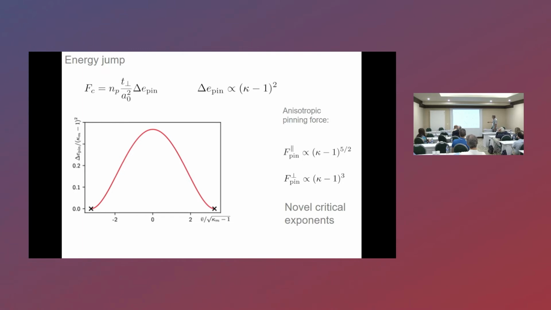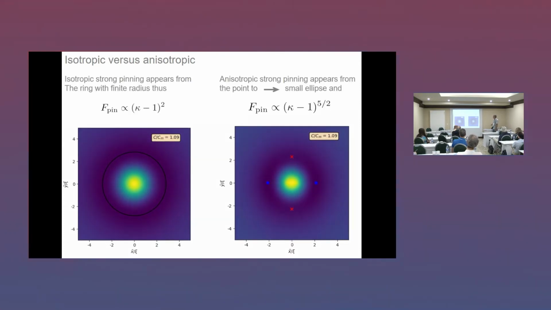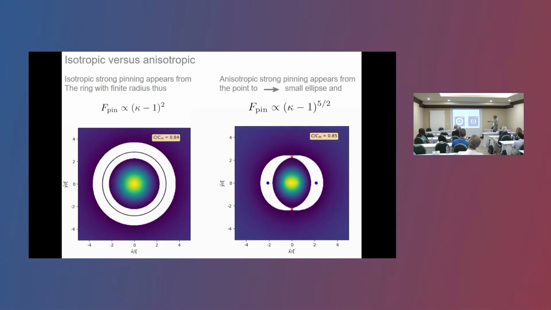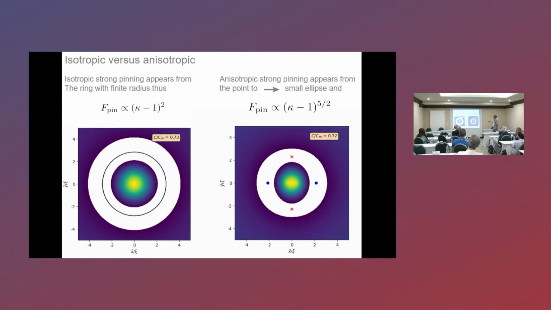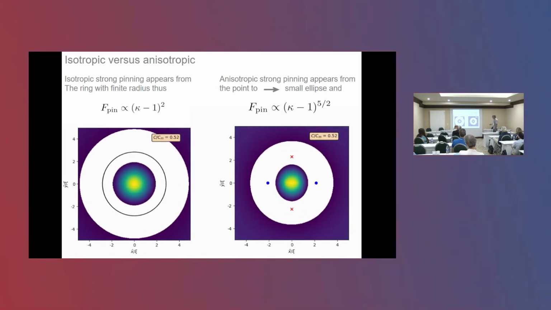As a result, we obtain this new critical exponent. So the difference between isotropic and anisotropic centers is in this onset: you see that we're here and then it's a jump, and this gives a new behavior close to the onset of strong pinning.